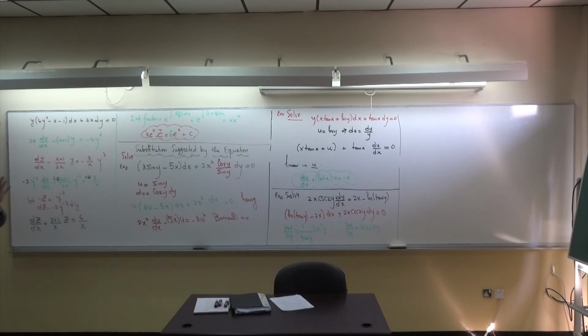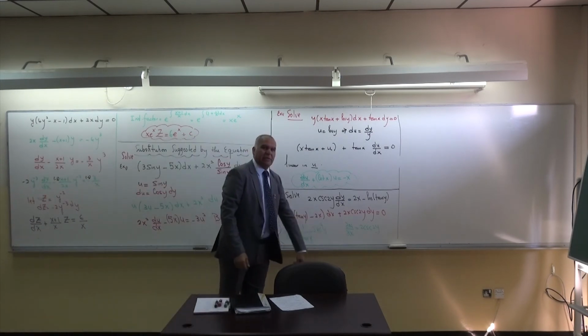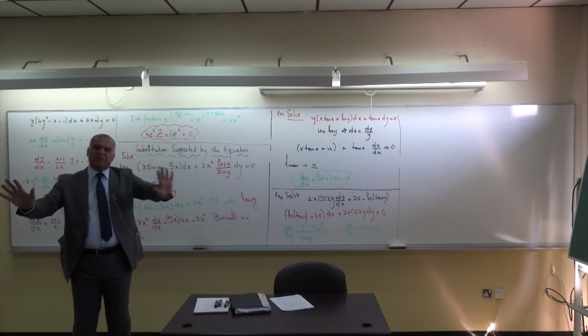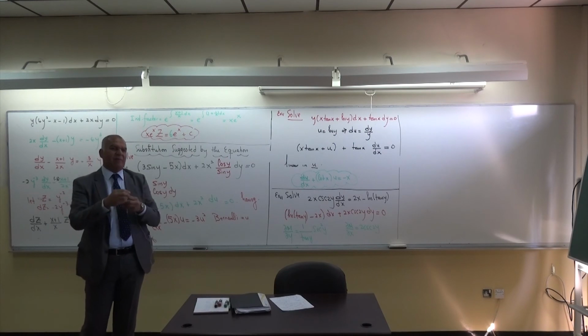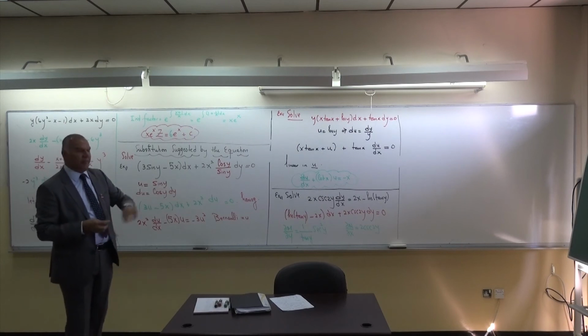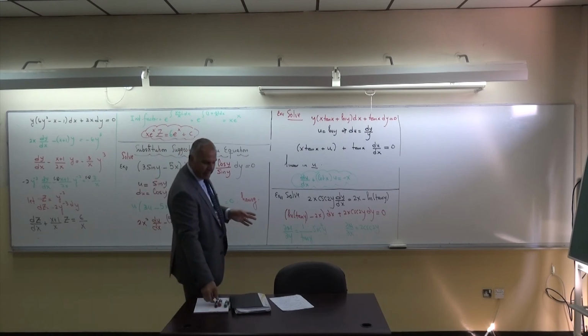I'm almost positive that if an exercise like this comes, the majority will be not exact. I'm talking about the majority because the form is not equal. I gave you exact exercises, and when we solved them, most of them, when we took the derivative, were equal, but in some exercises we had to do algebra to prove this equals this, or in some exercises with trigonometric functions you have to use identities. What's nice about these two is they are equal.